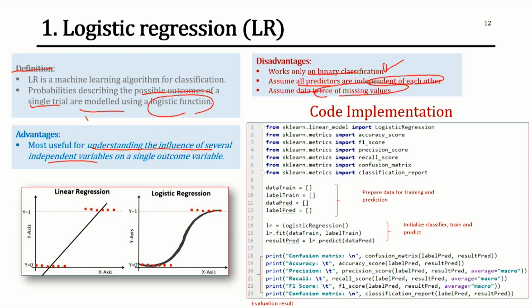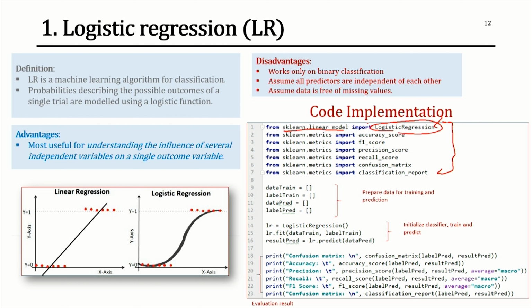And next, we will take a look at how we implement logistic regression in sklearn. So we need some required packages. From sklearn linear model, we import LogisticRegression, and these are used for evaluation criteria. We have accuracy score, F1 score, confusion matrix, and so on.